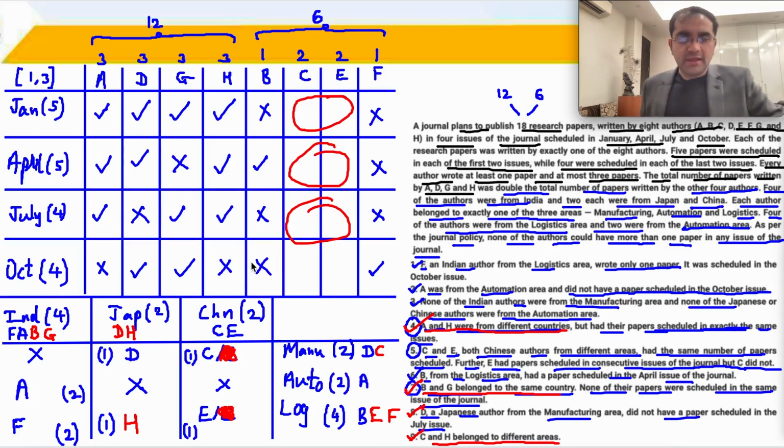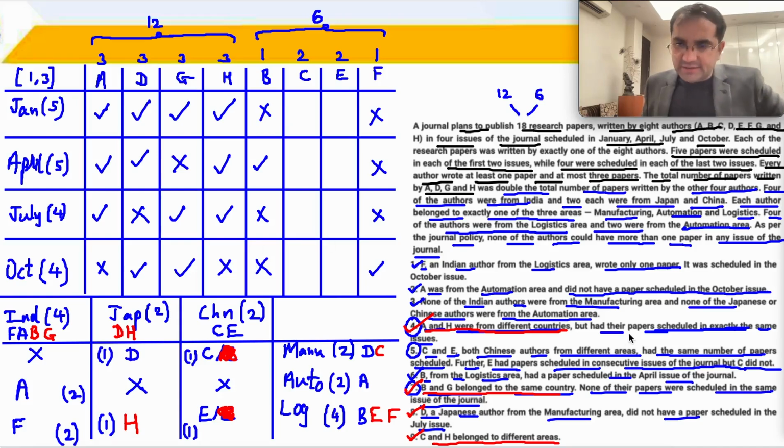Okay. So now it says that E had papers in consecutive slots. So if E is consecutive, but C did not. If E is consecutive, C also becomes consecutive. This is not possible. If you put E over here, then C comes over here. This is also not possible. C will become consecutive.